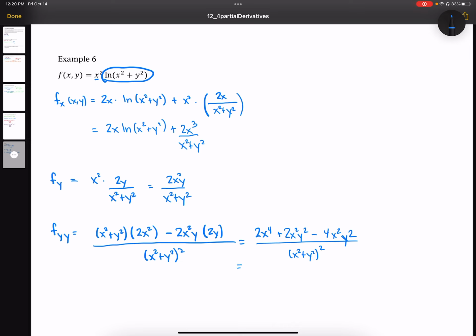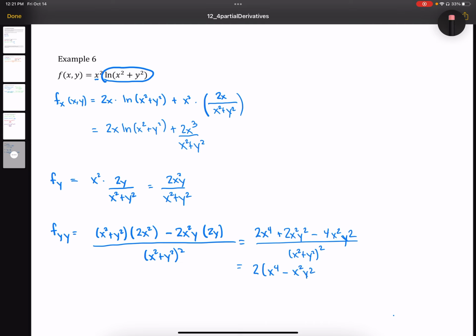And that simplifies to be 2 times x to the fourth minus, so 2x squared y squared minus 4x squared y squared is negative 2x squared y squared. So we're just going to have minus x squared y squared.